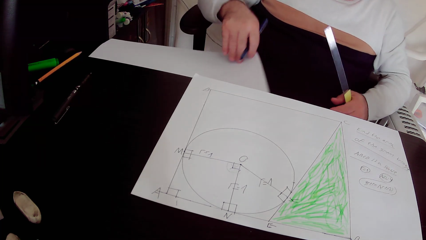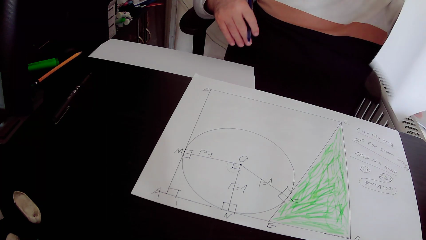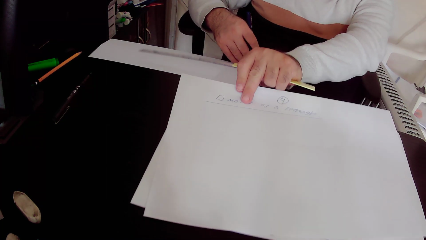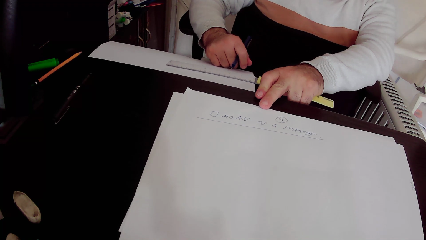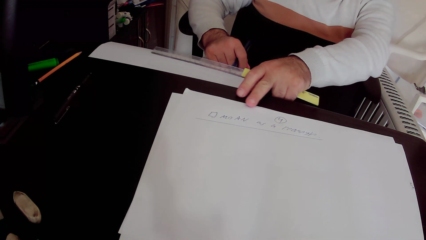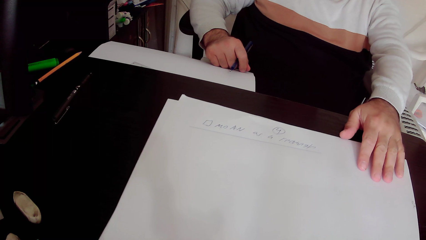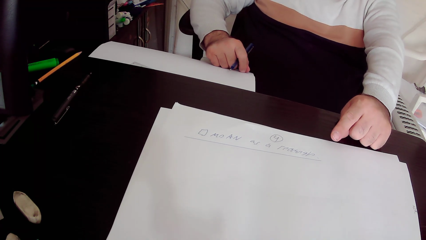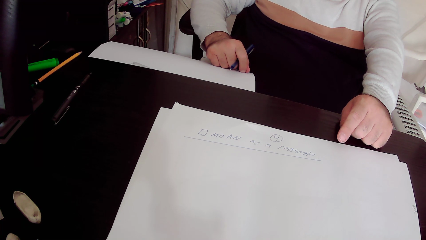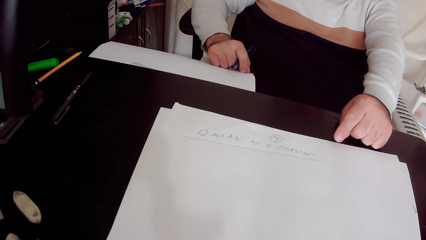So I repeat again. We relate to quadrilateral MOAN as a rectangle because it has 4 right angles, and according to rule number 3, it must be at least a rectangle.